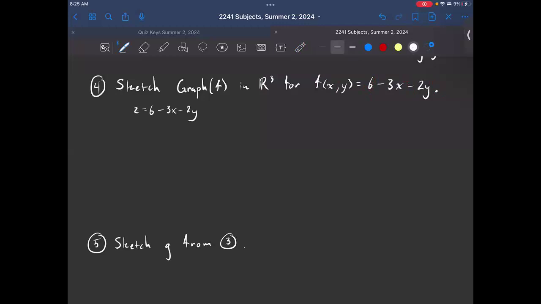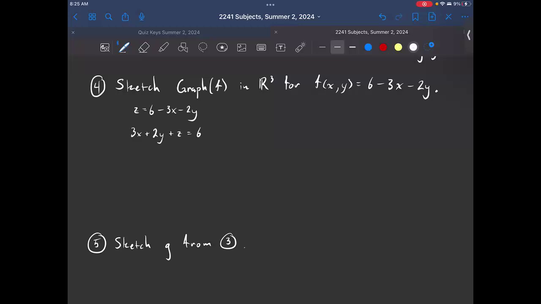And if we solve this for the constant on one side, we have z plus 3x. Actually, let's put the z on the last bit. So 3x plus 2y plus z equals 6. Okay.